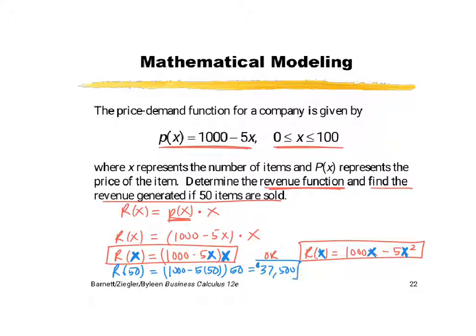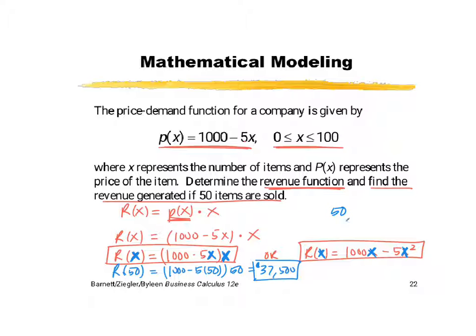37,500. So the revenue for 50 items sold is going to be 37,500. Okay.